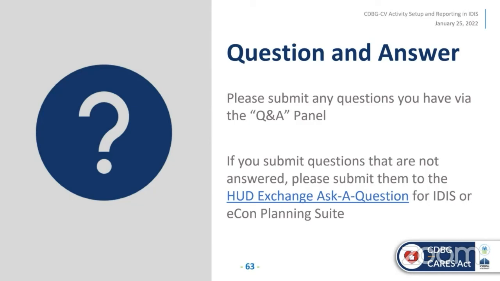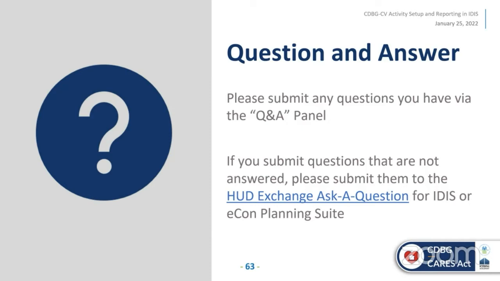Let's see. Someone was asking about that maybe something was entered, an activity was put into the system under the wrong project. And that's actually a very easy fix. If you find that you had an activity set up under the incorrect project, you can simply go to the activity, edit it, and select change project.